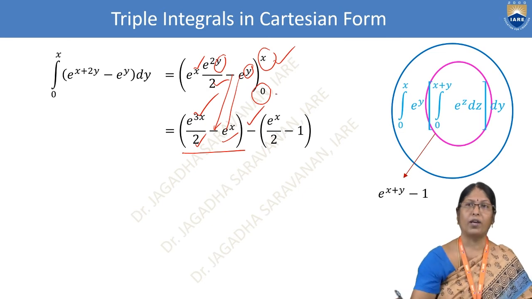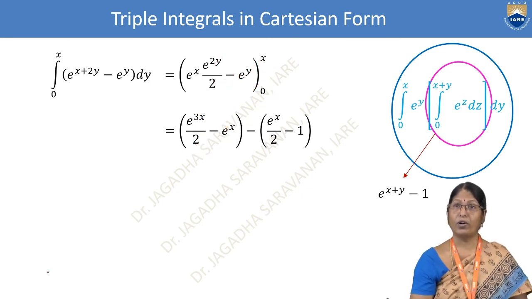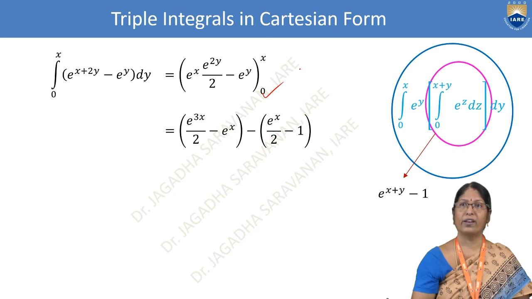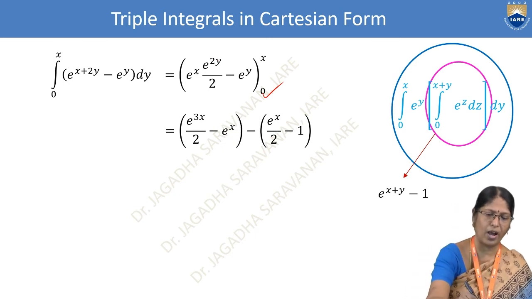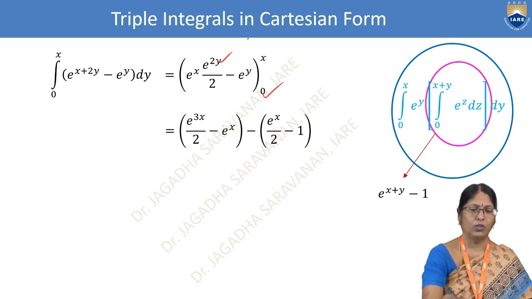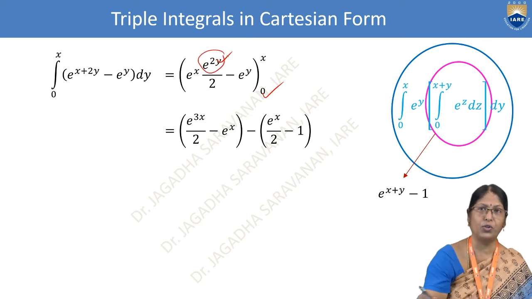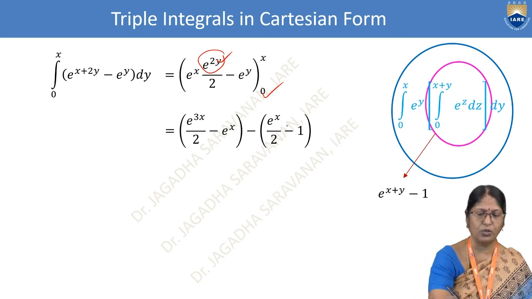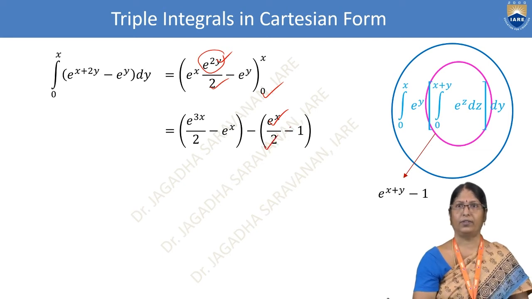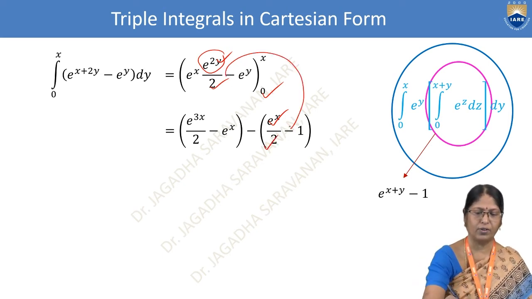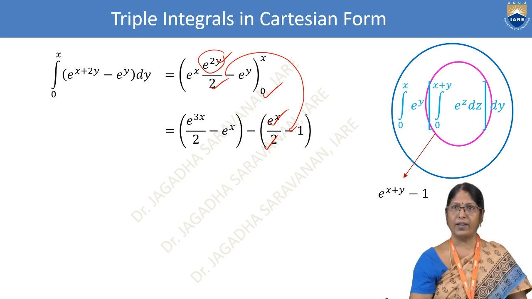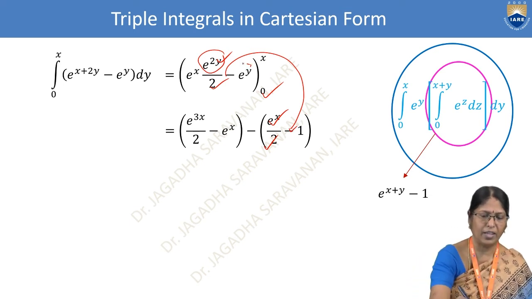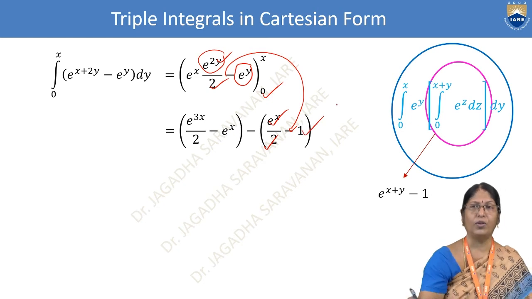This is the formula minus. Now we will focus on this lower limit. In the place of y, we will substitute. So this particular e^0 becomes 1. So e^x into 1 is e^x, this 2 is written as it is. This minus sign, the problem related minus sign, is written as it is. Here e^0 value is 1.